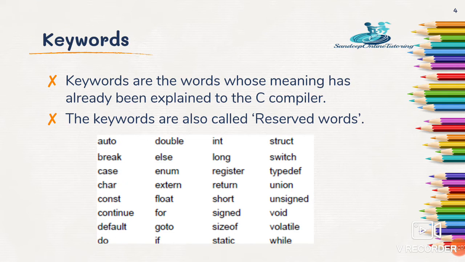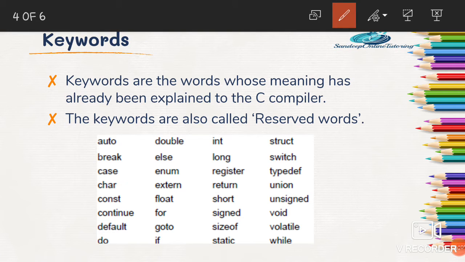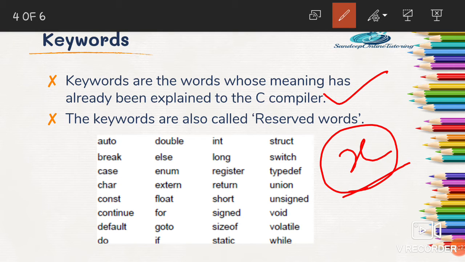Next are the keywords. Keywords are words which have a certain meaning for the compiler. The user cannot use these words for their own purpose. Let's suppose we have to declare a variable x, but while declaring it we cannot use int as a variable name.